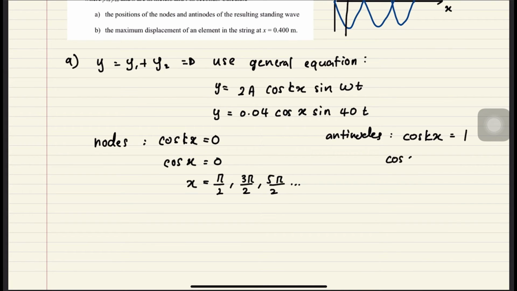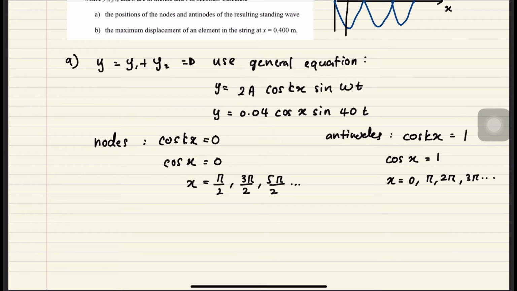The same thing happens over here. So cos x is equal to 1. Arc cos of 1 is equal to 0. So you start with 0 and then pi and so on. So the position of x will be 0, pi, 2 pi, 3 pi, and so on.